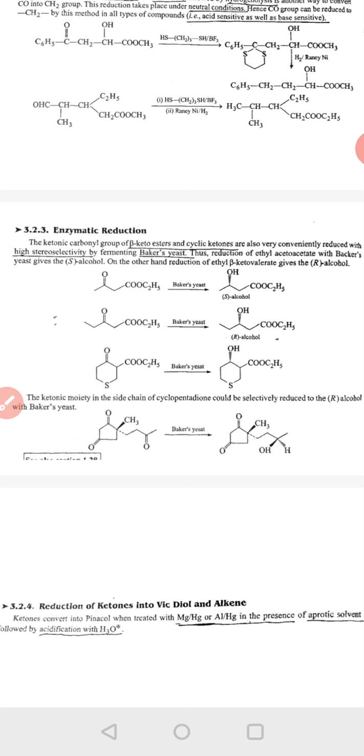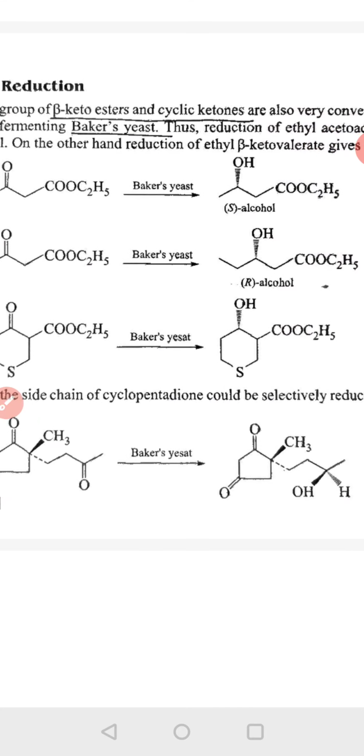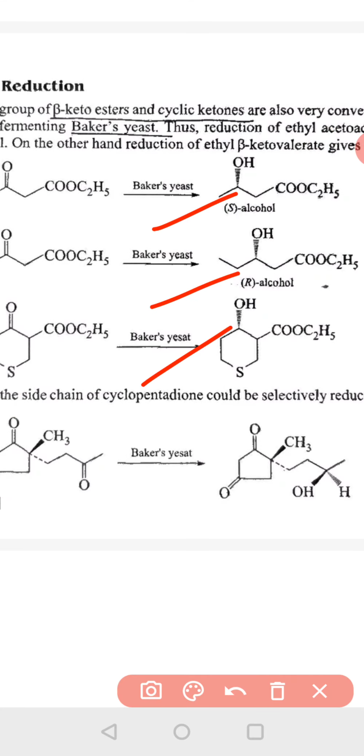Reduction of ethyl acetoacetate with baker's yeast gives the S alcohol. On the other hand, reduction of ethyl beta keto valerate gives the R alcohol. These are the examples of reduction with baker's yeast. We get highly stereoselective products.